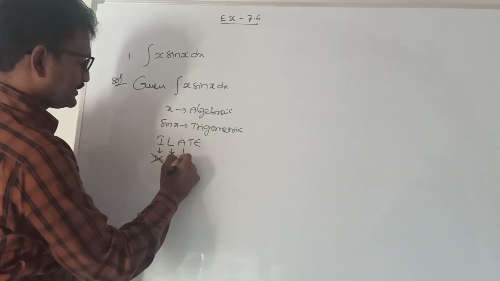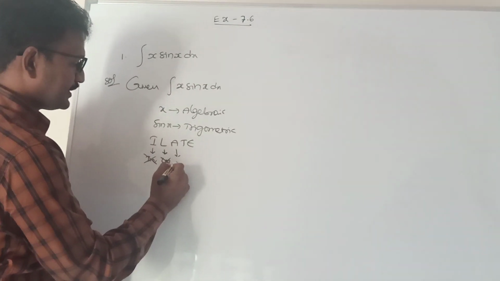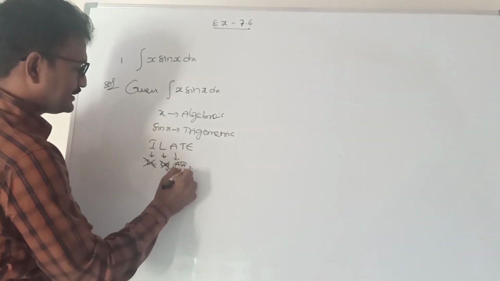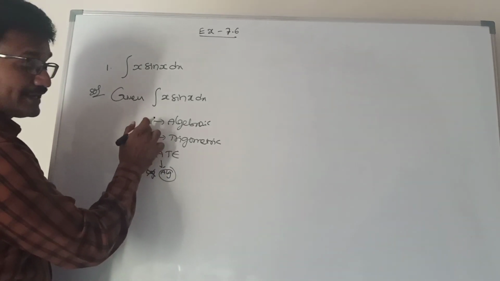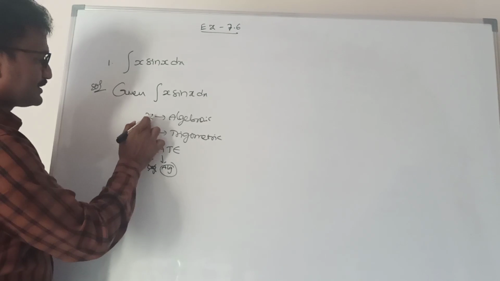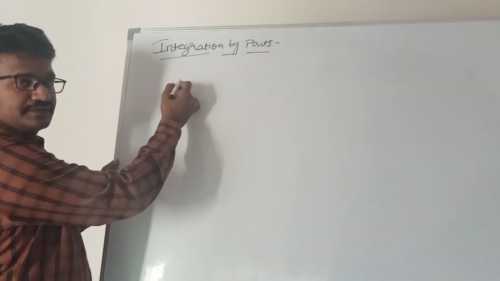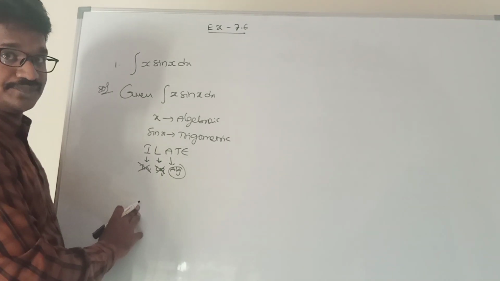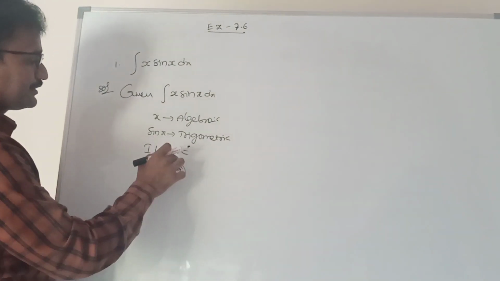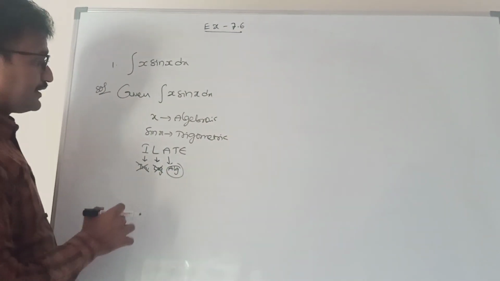Next in the ILATE order, the third letter is A for algebraic. Yes, x is an algebraic function. So in ILATE order, the function that comes first, that function we will consider as f of x.